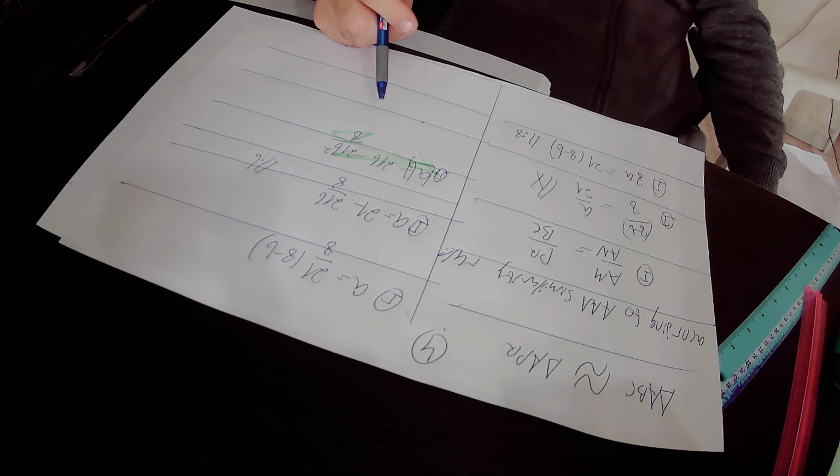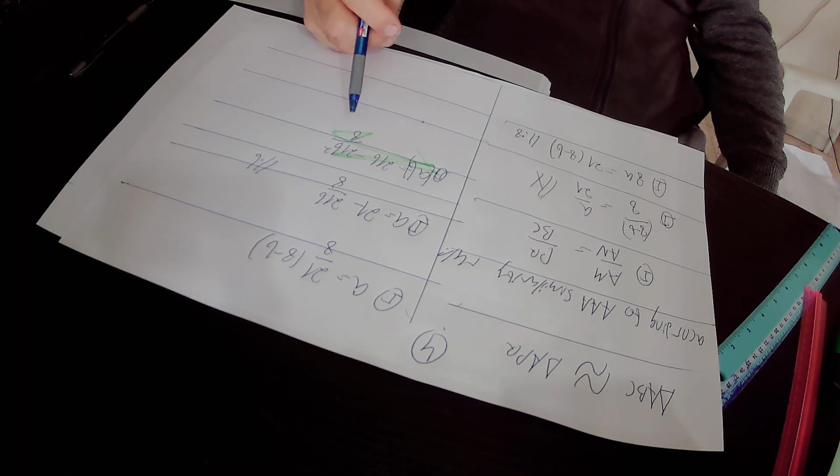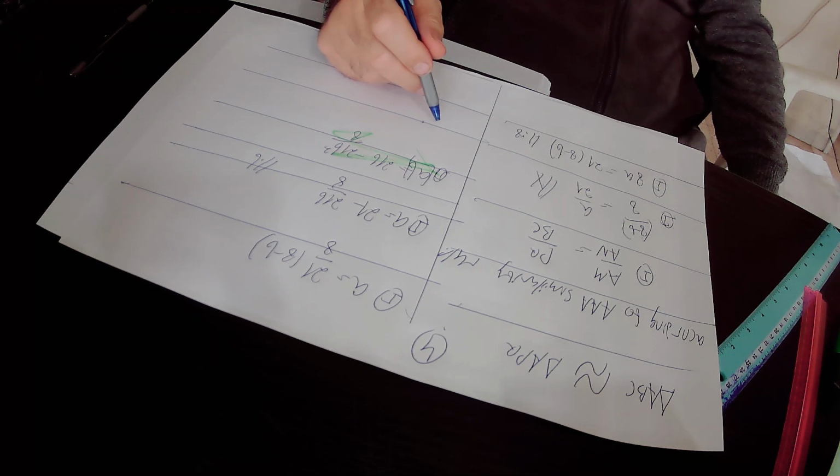So we start with the first step: we will differentiate this function area and equate its derivative to 0. This will be equation 2.